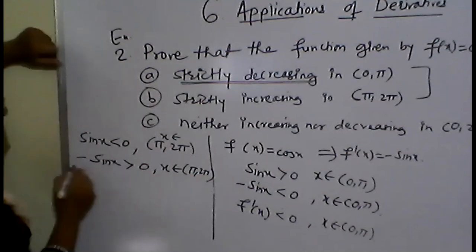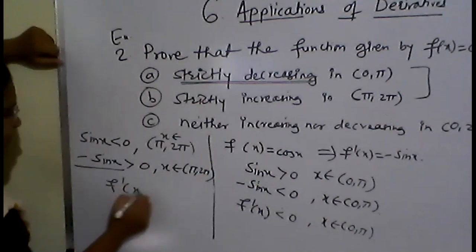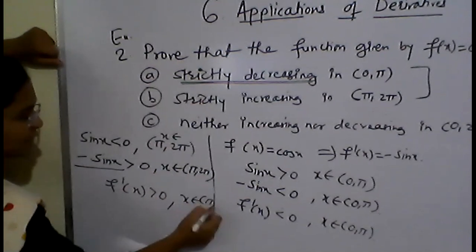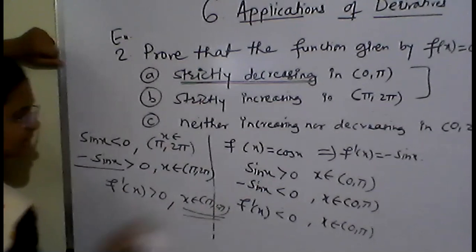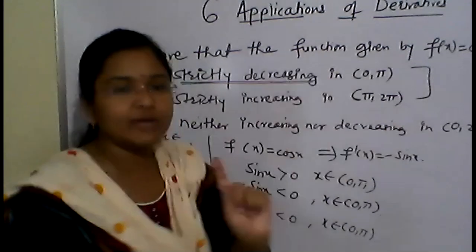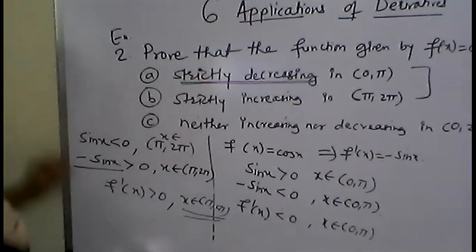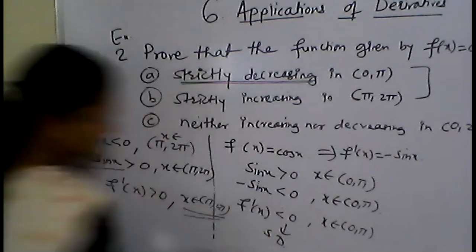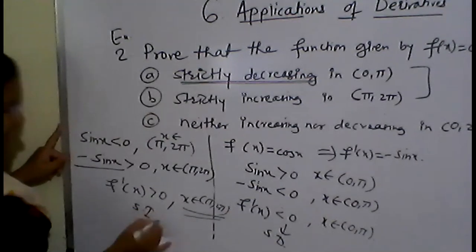So what is minus sin x? It is nothing but f dash of x is greater than 0 for x belongs to pi to 2 pi. This is very important to write because here they have mentioned the intervals. You have to write it. Therefore here f will be strictly decreasing, and here f will be strictly increasing.